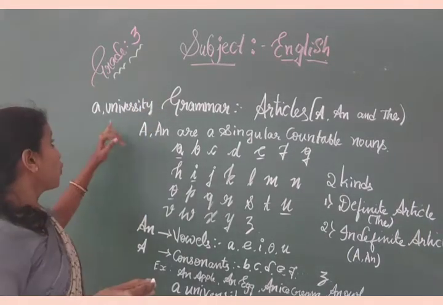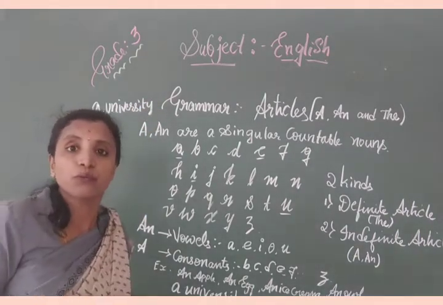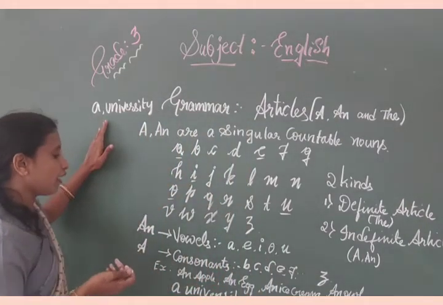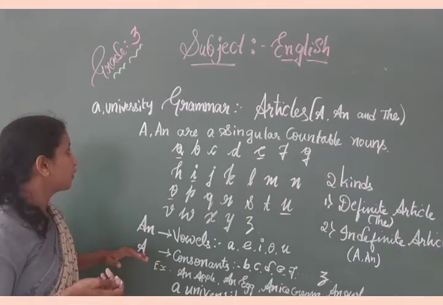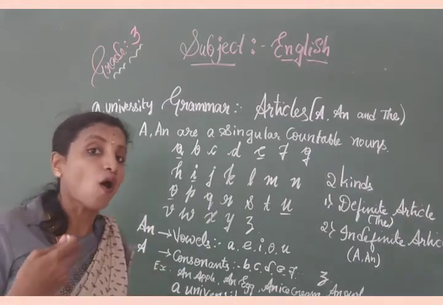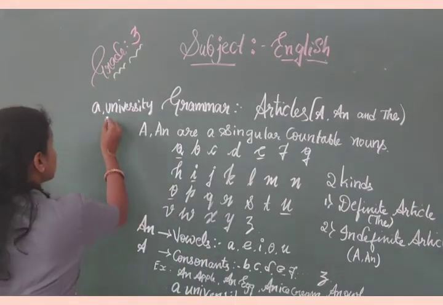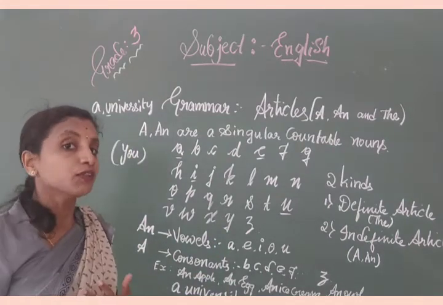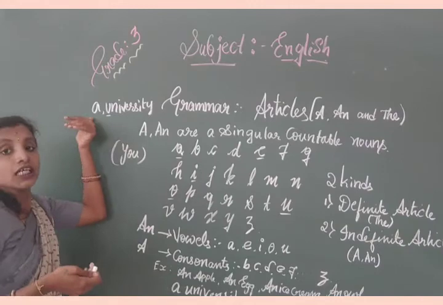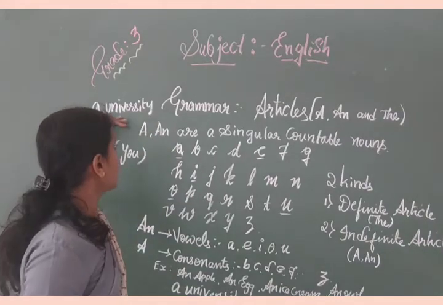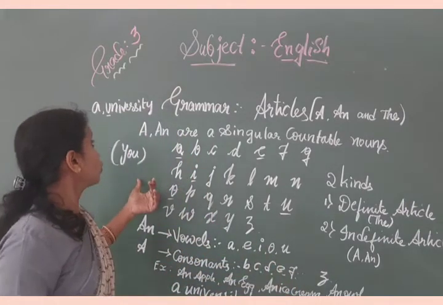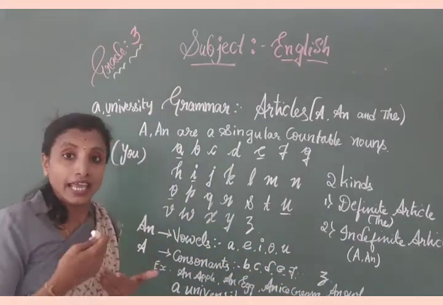Because look, I am pronouncing it as 'you'. It sounds like a consonant sound. The 'you' means you. For that reason I am using a. Although it is a vowel, it sounds like a consonant. So I am using a.